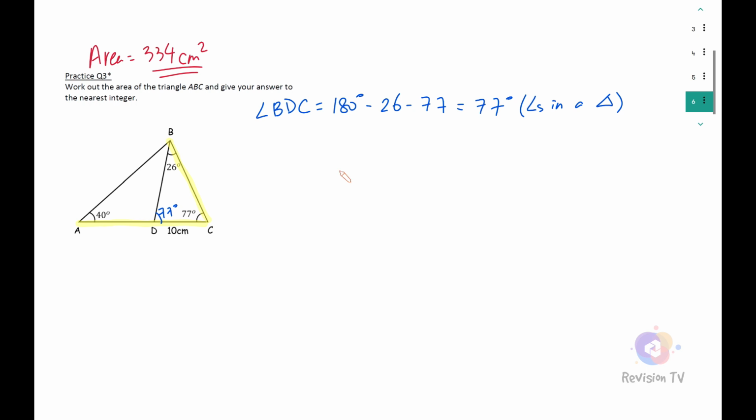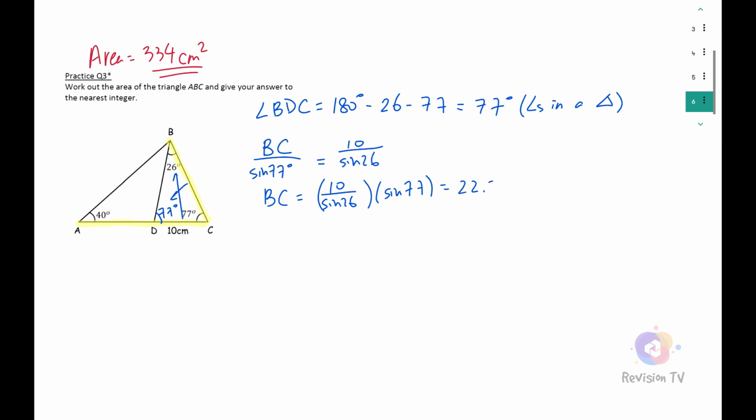So BC over sine 77 degrees equals 10 centimeters over sine 26 degrees. So BC equals 10 over sine 26 times sine 77, which gives me 22.2270571. As I said, the reason I write it in full is because I might need it later. So BC equals that one.